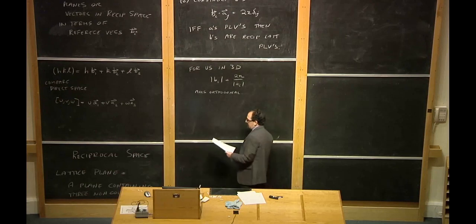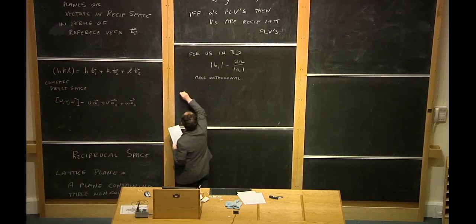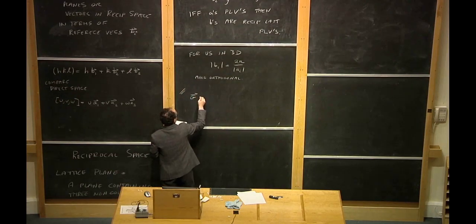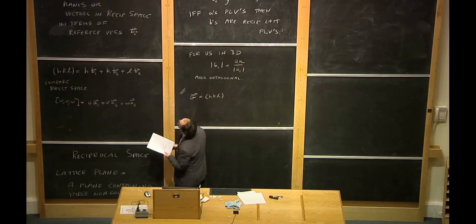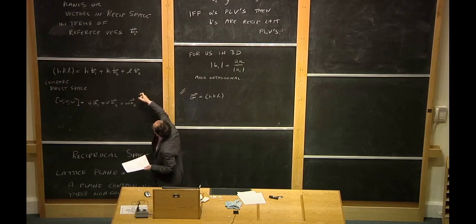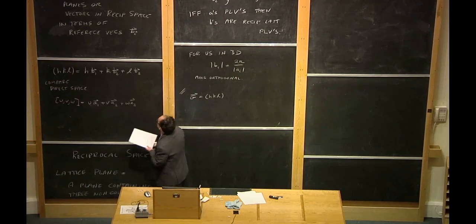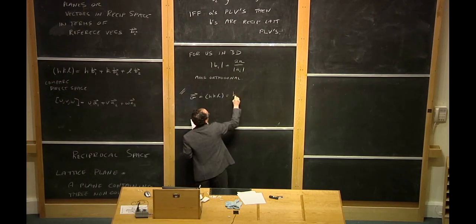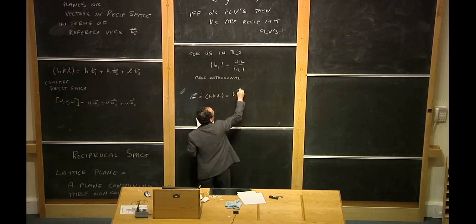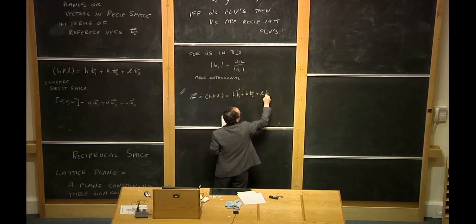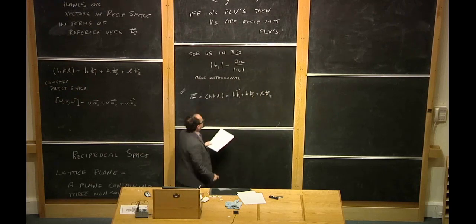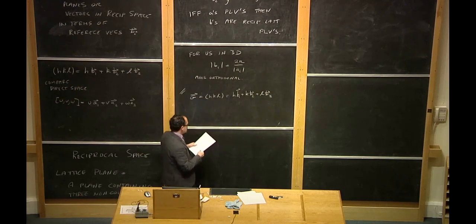So generally, when we write down G equals (hkl), we mean h b1 plus k b2 plus l b3, where the b's have been constructed in this way.